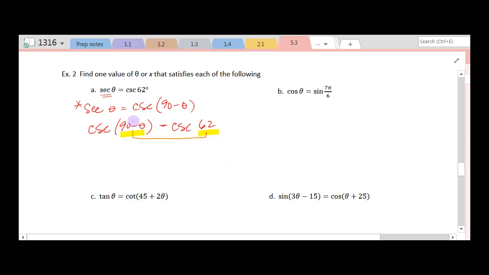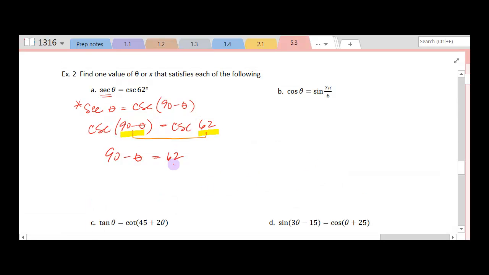In other words, we take out the angle, 90 minus theta, and set it equal to the angle on the other side, and then solve. So I add theta to the right-hand side and subtract 62 from the left-hand side, and I find that theta is equal to 28.